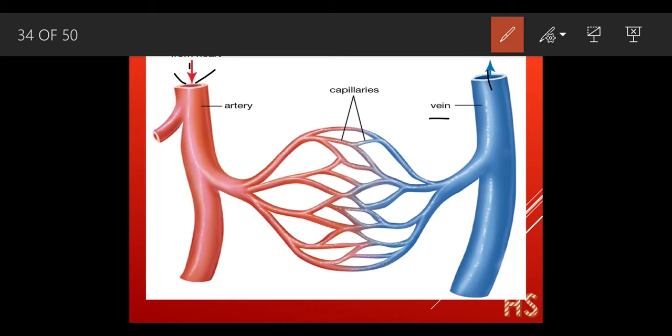So it is moving away from the body, it is moving to the heart, and this part is coming from the heart, okay. The vein carries blood towards the heart, and artery carries from the heart, okay.